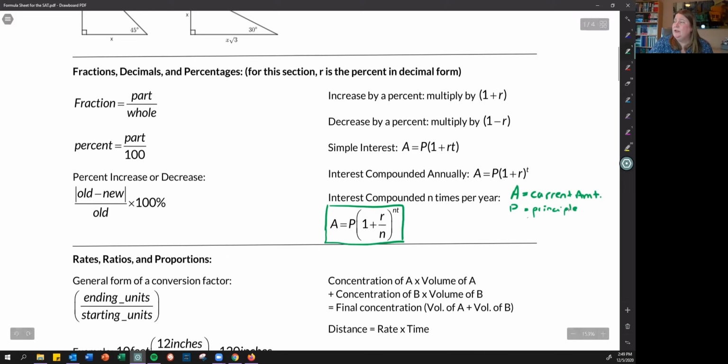So in our case, we're just going to use that for starting amount. R is the annual rate in decimal form. And N is, if you are not compounding once per year, then N would be the number of times per year you are compounding.